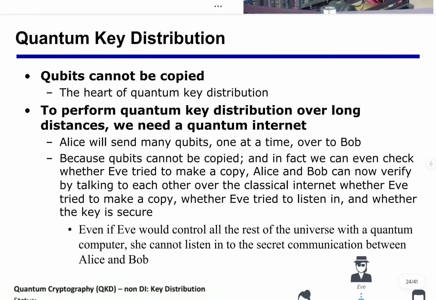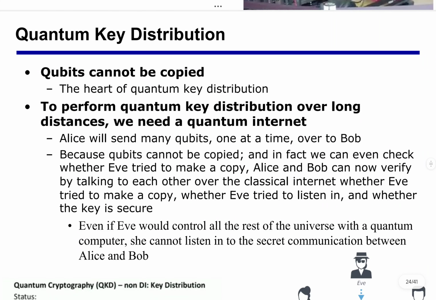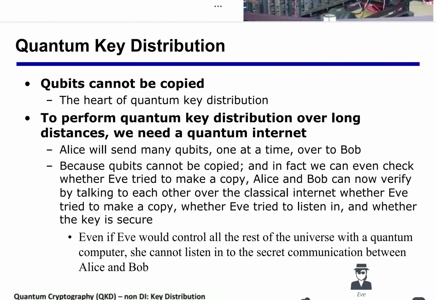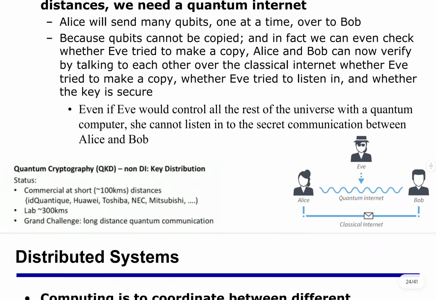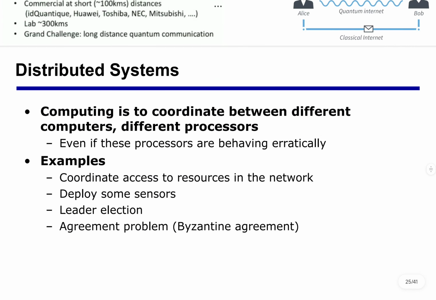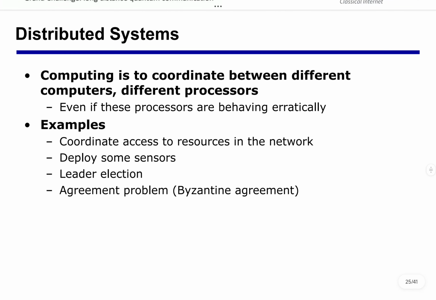Key distribution is that it cannot be copied because of the collapse. Oh, the collapse, I think, when we measure them to perform a long distance, I think it's, I don't know them well.